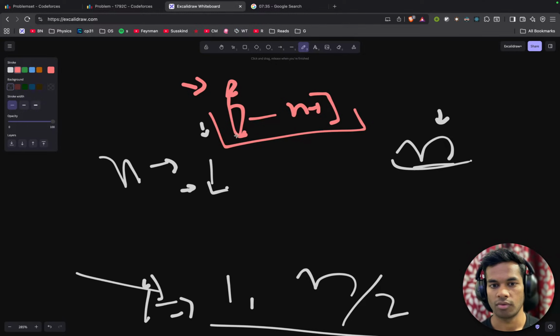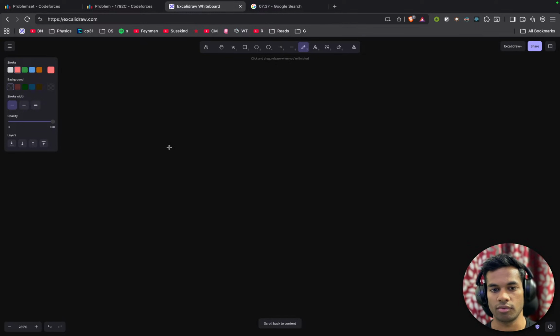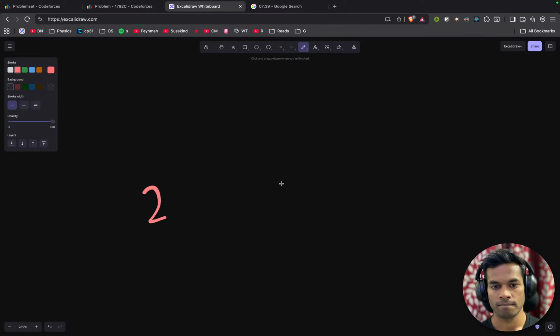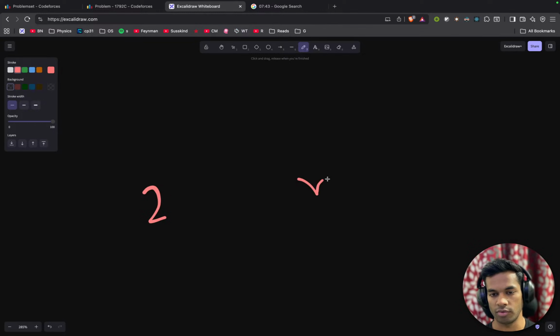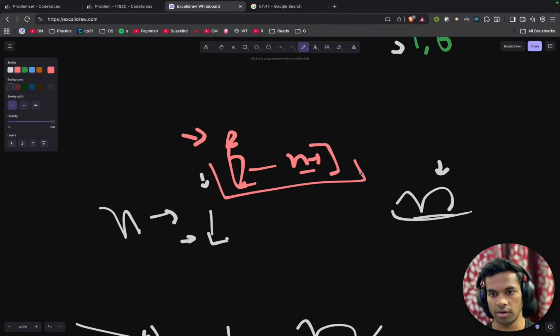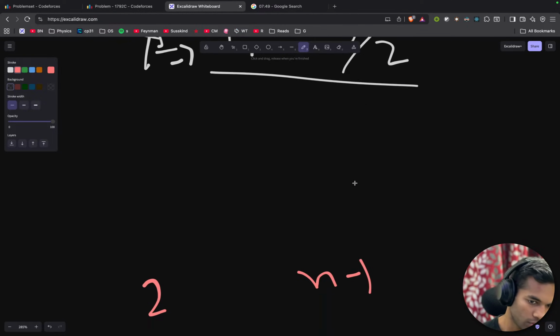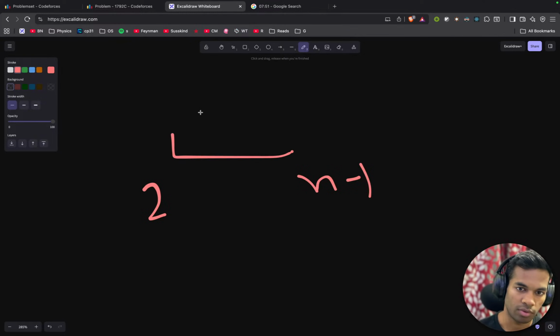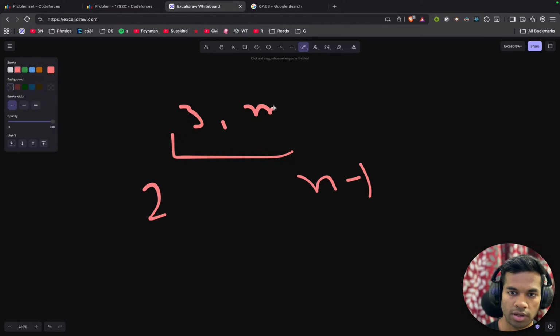And for this range the answer would be, 2 to n minus 1, and we will look at 3 to n minus 2 in this range.